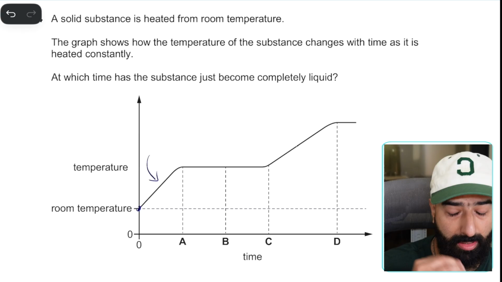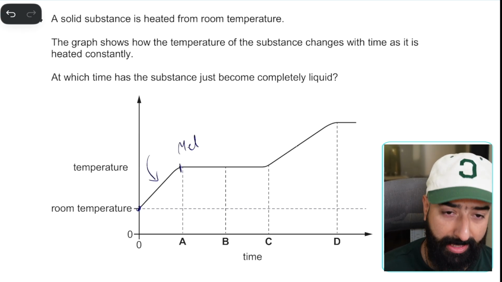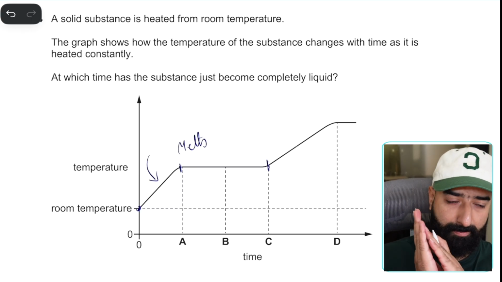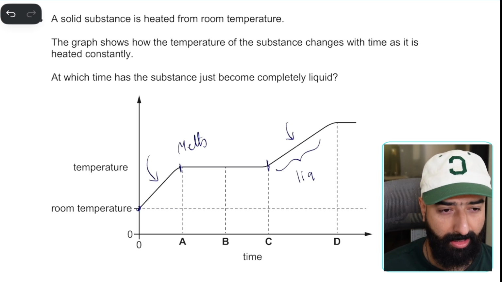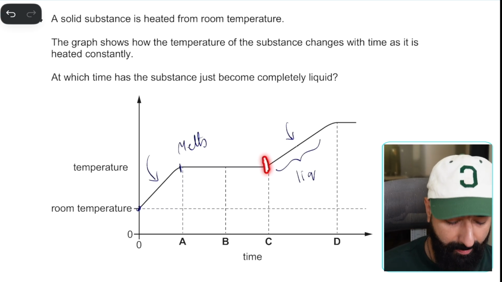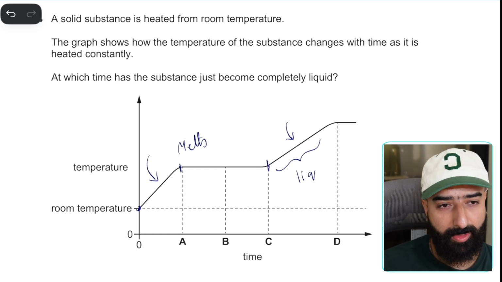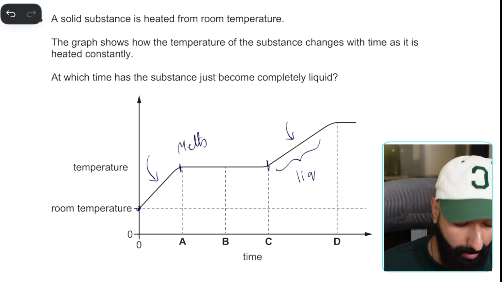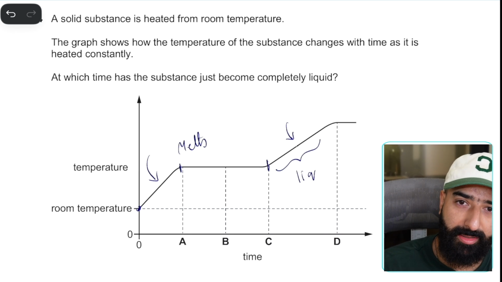So the solid is getting hotter and hotter until it melts. This is where it begins to melt. This is where it has completely melted and now it's liquid. So this is liquid. What are we asked? At which time has the substance just become completely liquid? C. Okay. What about D? It's starting to evaporate. Okay.